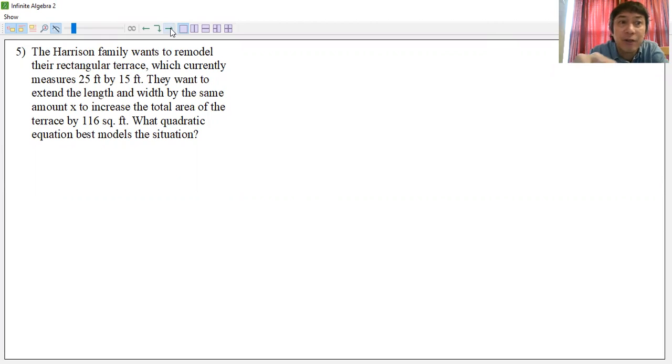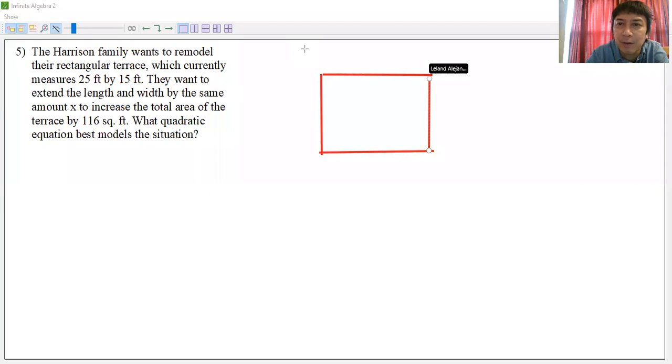We can figure this out by starting with the initial size. Say, for example, this is the original terrace, like this. Say, for example, this is our terrace.